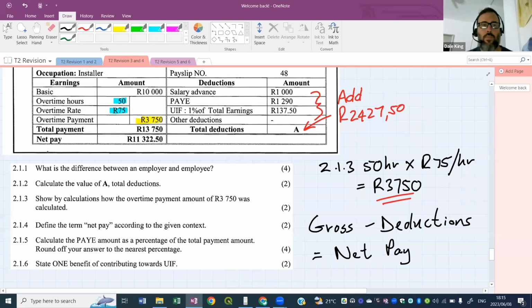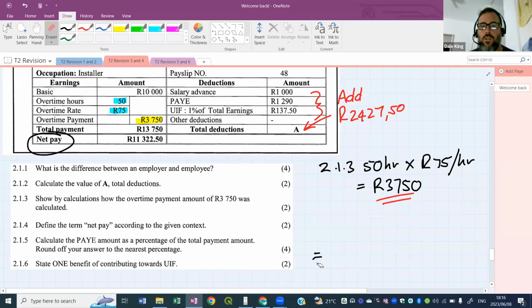So the net pay is the gross before deductions, take away the deductions, and that'll give us our net pay. So net pay is the gross amount that's coming in minus deductions. And you guys are typing it out there in chat. Very good. Yes, those answers are fantastic. All right, so that was question 214. I'm going to rub that one out so we can see the next question's calculations.